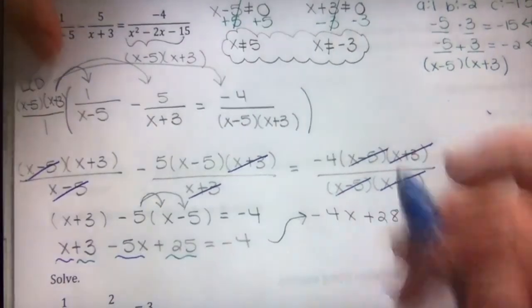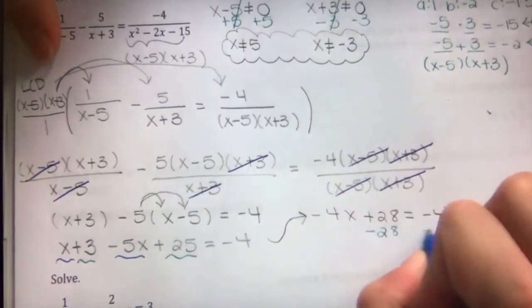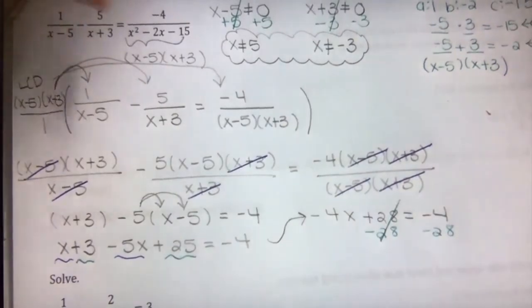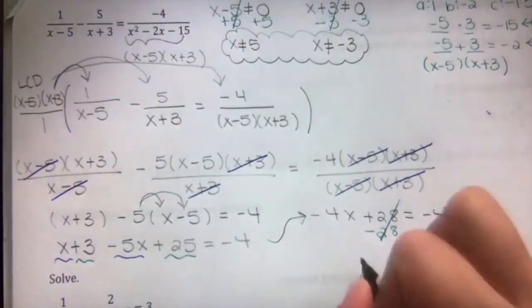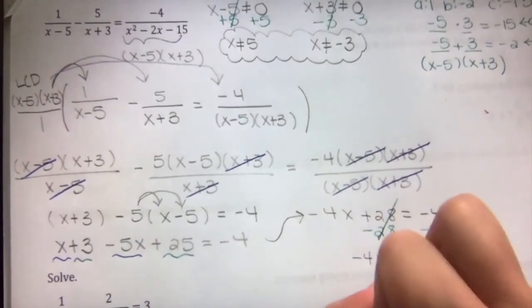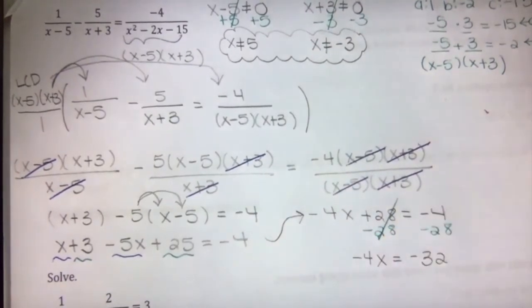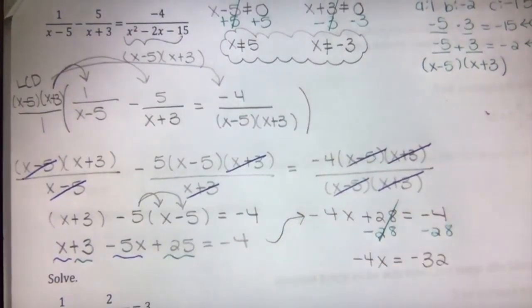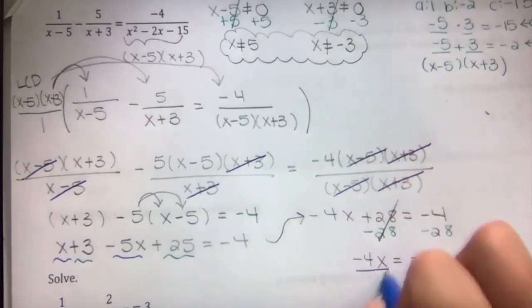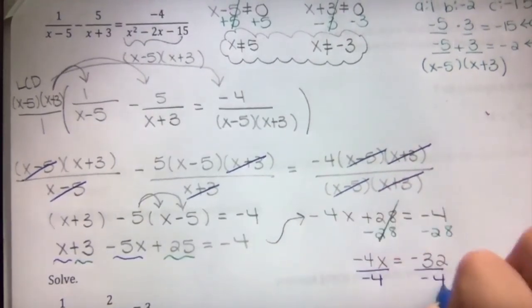And then keep going. Let's subtract 28 from both sides. We're left with negative 4x equals negative 32. Finally, last but not least, getting x by itself, we can divide both sides by negative 4.